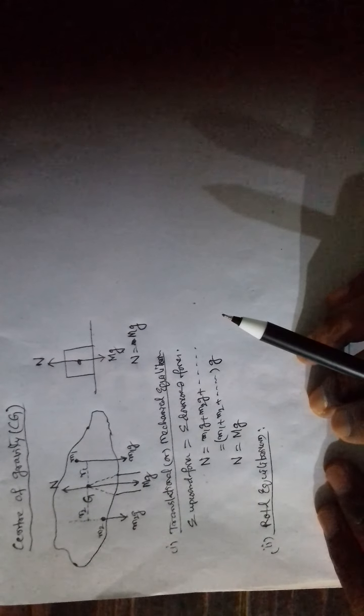So here we define a physical quantity, that is the moment of force or torque. See, moment of force or torque means force multiplied by perpendicular distance. So here this is causing clockwise movement, this is causing anti-clockwise movement.